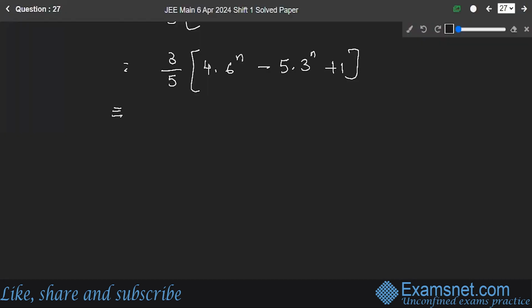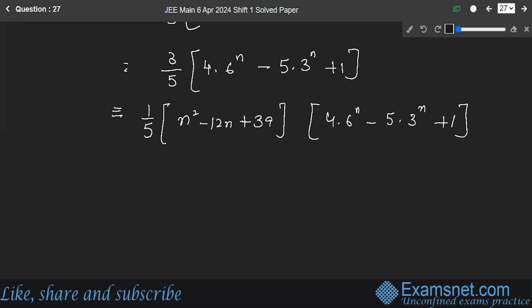If I compare it with the given equation, it is given in the question that this is equal to 1 by 5 (n square minus 12n plus 39), 4 into 6 power n, 5, 3 power n plus 1, right? So this matches, and this 5 also matches, which means 3 is equal to this.